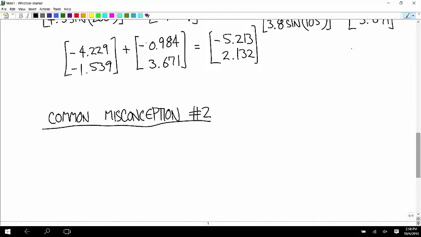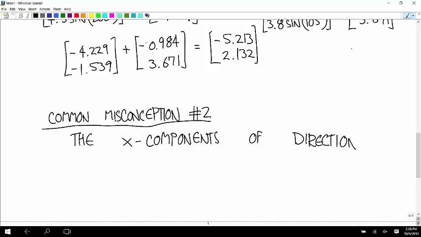Is that the x component of directional quantities affect the y components and vice versa.